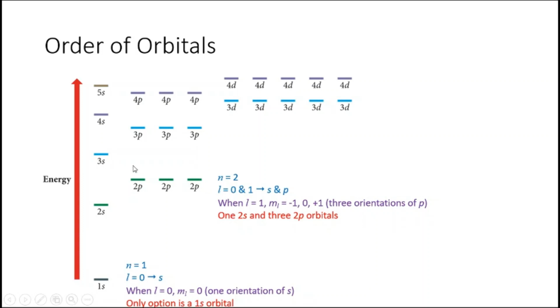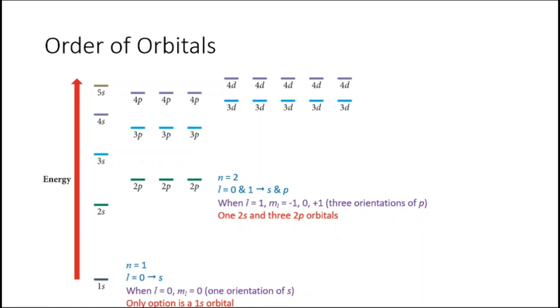We recall that the p orbitals can go up and down like this, they can go side to side like this, and I can't really illustrate it, but they can come in and out of the screen as well. These dumbbell shapes can be orientated three different ways around the XYZ axis, hence why you have three 2p orbitals.